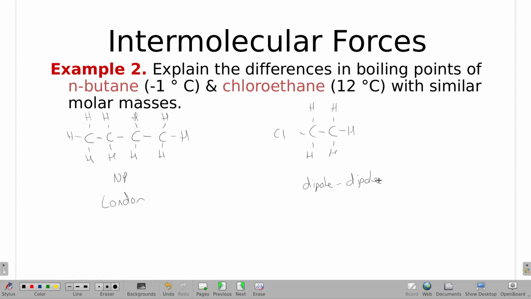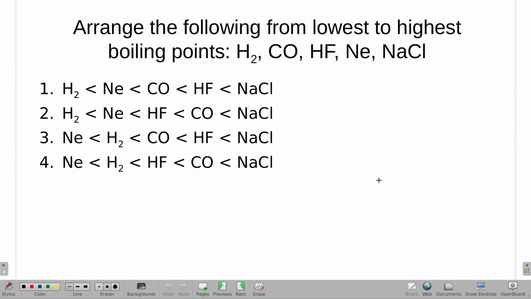Alright, how about this? This is a type of question that I could give you on the test and expect you to be able to figure it out without giving you the Lewis structures. So if we want to rank highest boiling points to lowest boiling points, our highest is going to be the ion-ion.